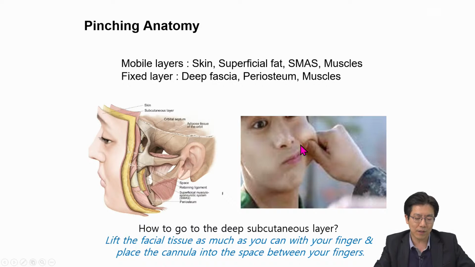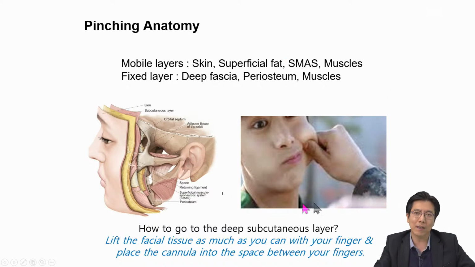So if you lift up the facial structures as much as possible, we can lift the skin, superficial fat, cells and muscles. So lift the facial structures as much as you can with your fingers and place the cannula into the space between your fingers. In this case, your cannula can be safely located in the deep subcutaneous layer.